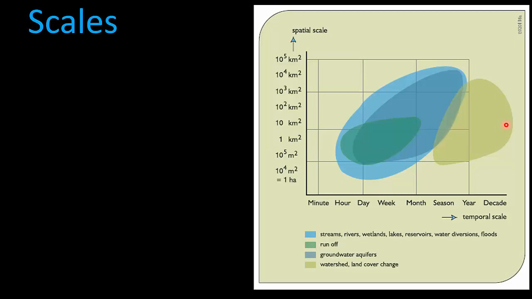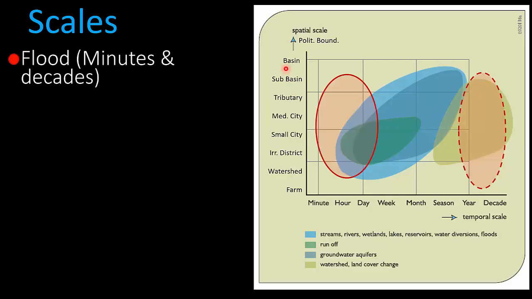Now let's talk about this kind of social system. As we were discussing, now I'm going to change this axis to, let's say, the farm, watershed, irrigation district, small, medium city, tributaries, sub-basin and basin. So from very small to very large scale. So floods and flood management, we do all the modeling, all the analysis for events.